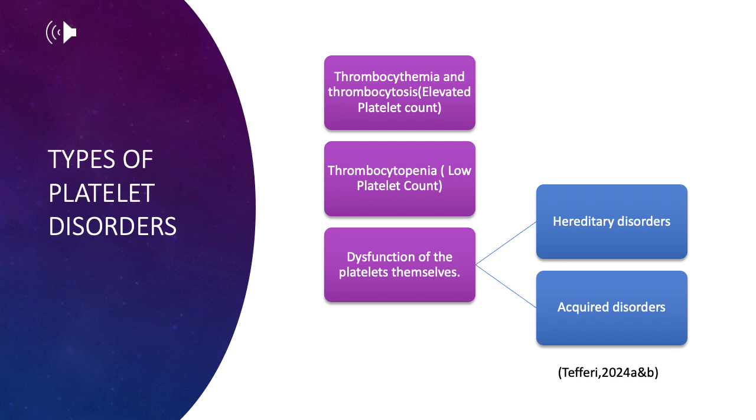So maybe the platelet doesn't change shape like it should, or doesn't bind to collagen like it should, or doesn't grip with the fibrinogen like it should. In that case, there's a dysfunction with the actual function of the platelet, not necessarily the number of platelets.